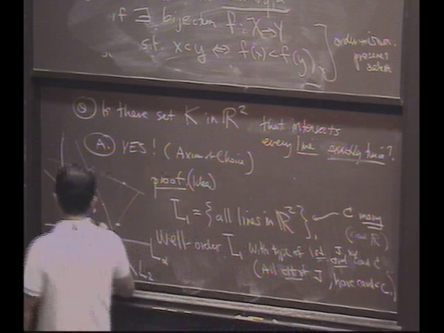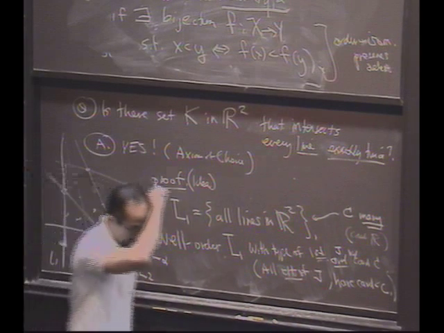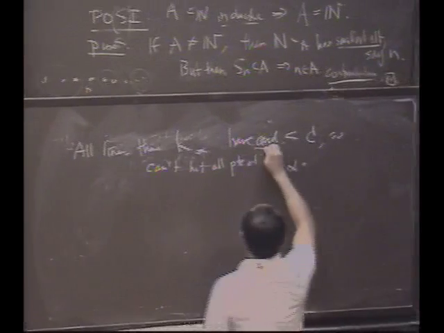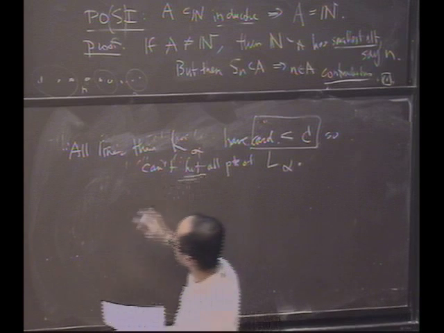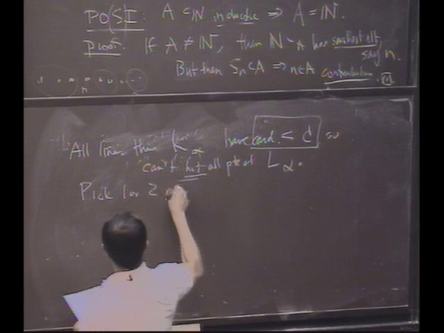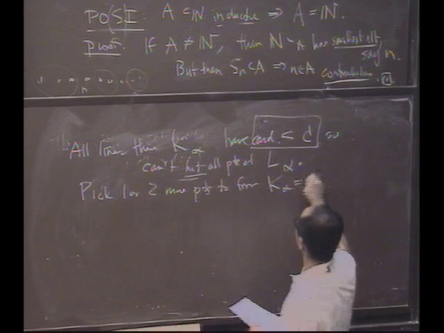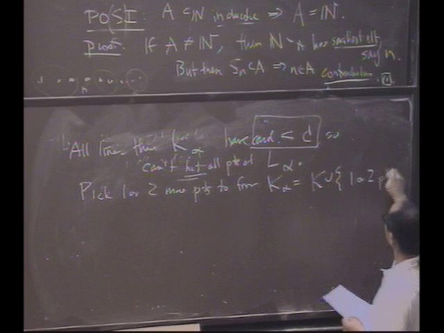Well, you look at the existing set, they don't hit every line on this point because their cardinality was too small. That's where we use the fact the cardinality is less than C. So if you don't hit all the points, I'll just pick 1 or 2 more points as needed to form K alpha, which is going to be K union 1 or 2 extra points.